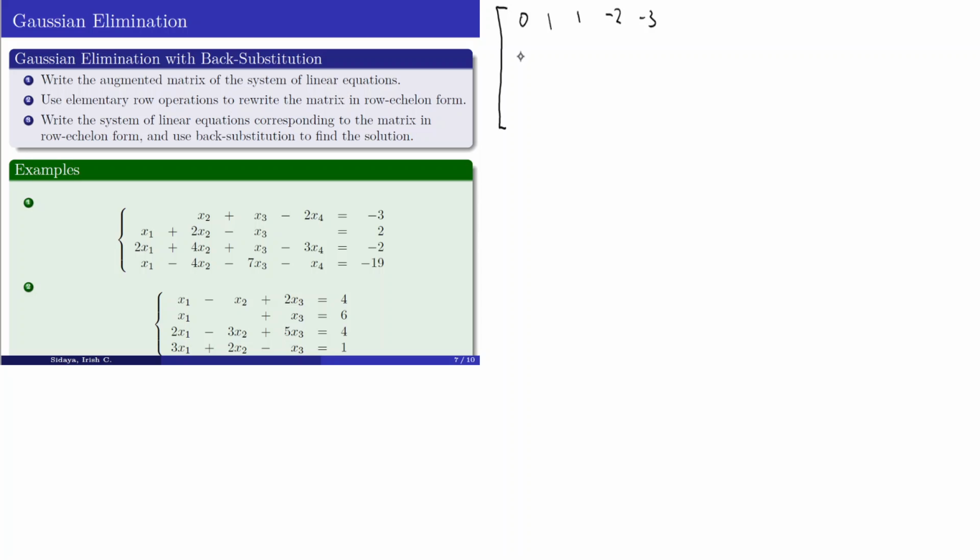We have here 1, 2, negative 1, 0, 2, 4, 1, negative 3, negative 2, 1, negative 4, negative 7, negative 1, negative 19. Again, take note, this is the augmented matrix of the system, in which we just copied the coefficients of the system, and this last column corresponds to the constant terms of the system.